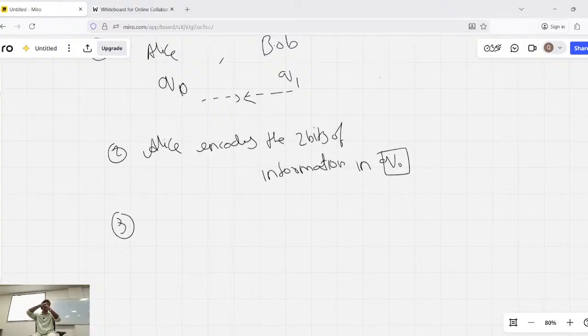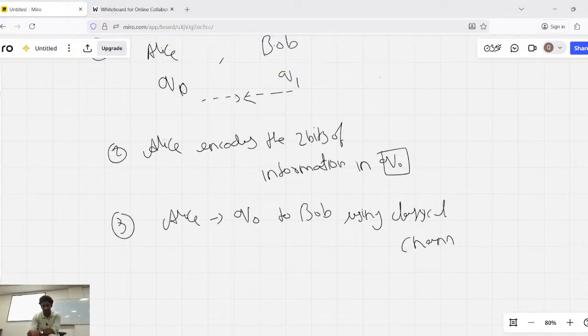And then she will send this encoded Q naught to Bob through a classical channel.